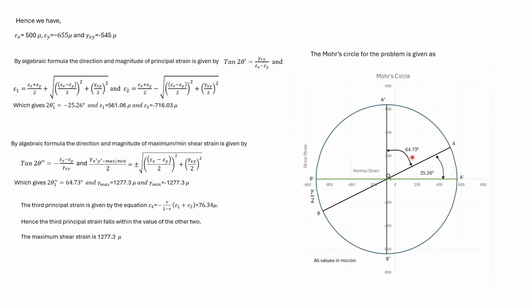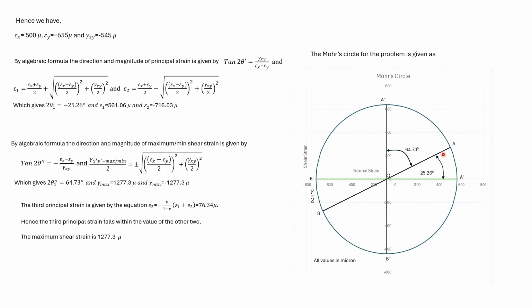So we get the gamma xy corresponding to A. For the point B, the x ordinate is minus 655 micron. Gamma xy is half of this value. So we can plot AB and form the Mohr circle.